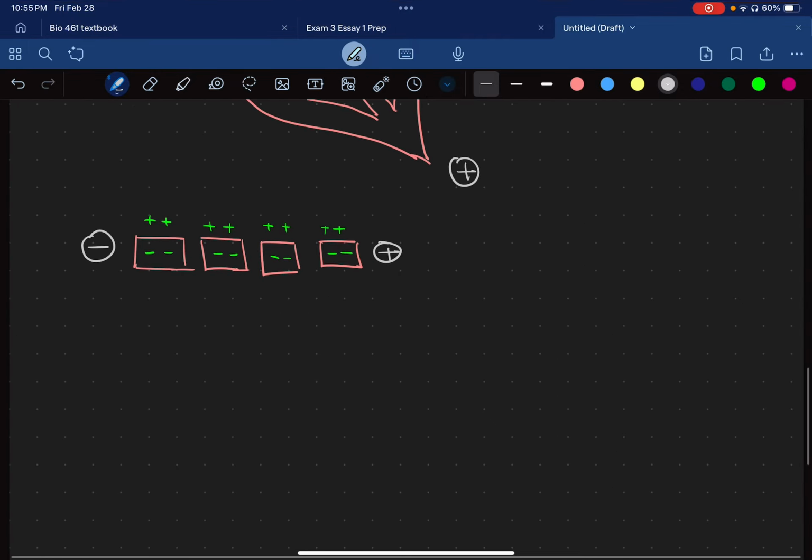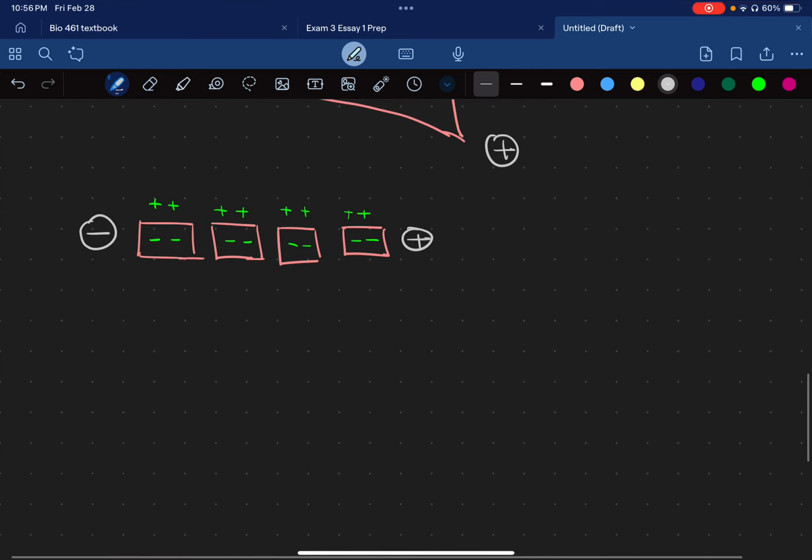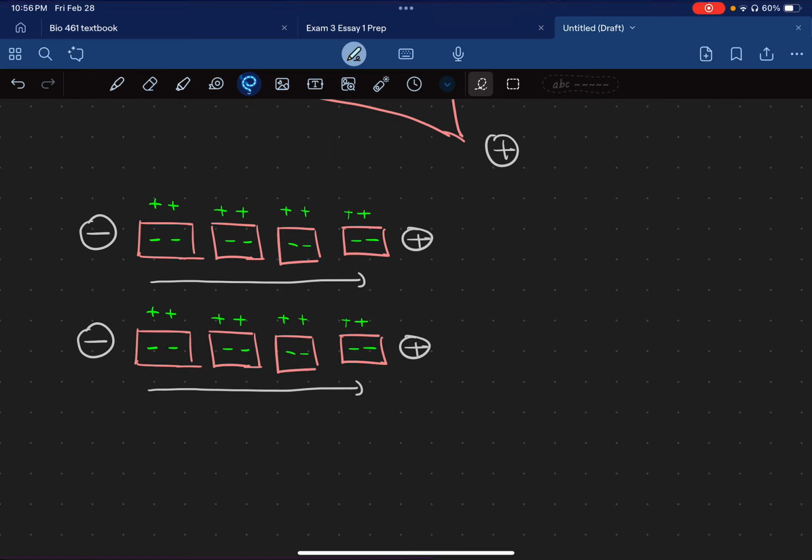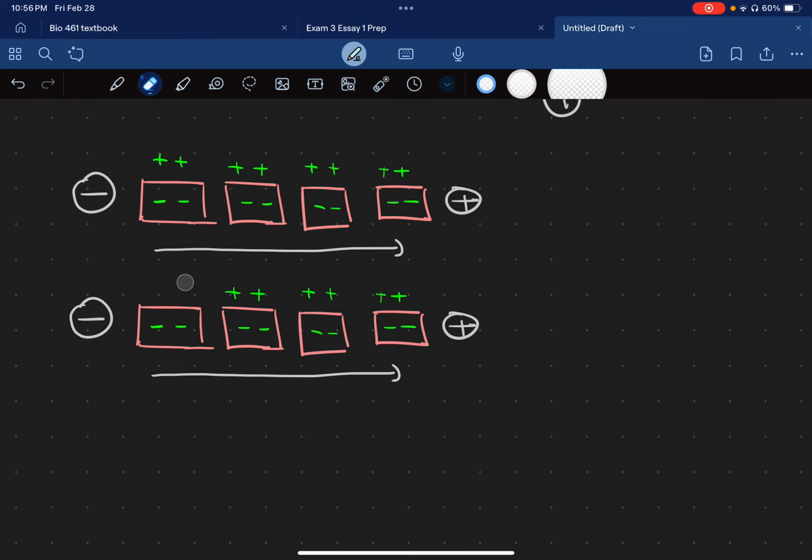What's going to happen is a signal is going to come and a wave of depolarization is going to come across these cells. So if we just copy paste this, wave of depolarization is going to happen. So let's say these first 2 cells depolarize. They become positive on the inside and negative on the outside.